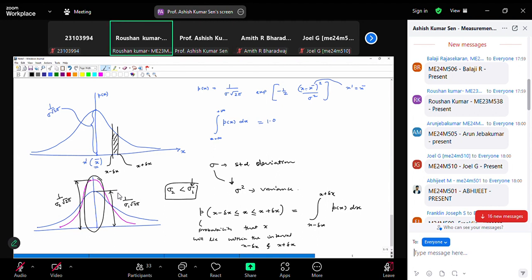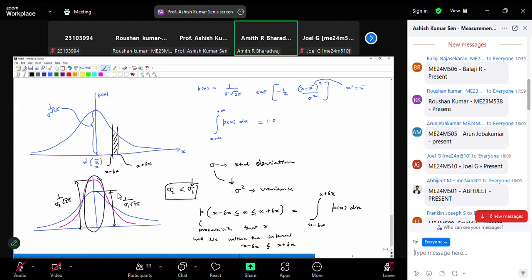That means more and more data are going to lie closer to the mean value or the true value. So that is good. I was just trying to compare these two cases: if you do two different kinds of measurement and in one your sigma is less, you should prefer that data set.